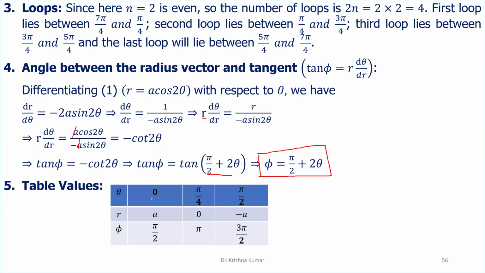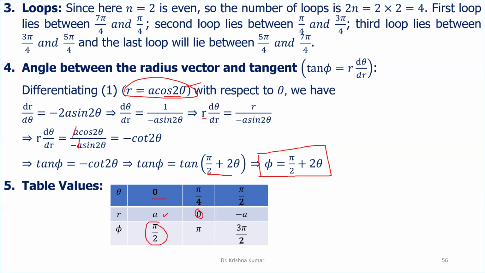For example, if theta equal to 0, r equal to a, because cos 0 is 1, and theta equal to 0, then phi is equal to pi by 2. If theta equal to pi by 4, cos 2 theta is cos pi by 2, which is 0, so the value of r is 0.